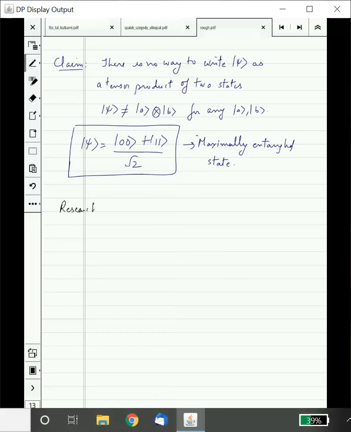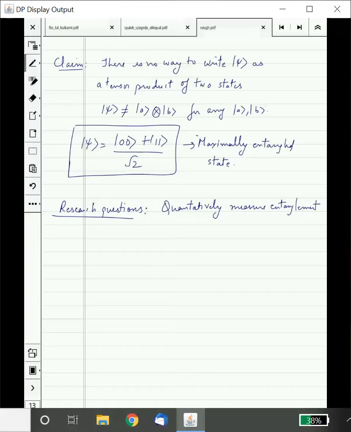People have partial answers to those, some measures are there, but still we don't know how to quantitatively measure entanglement. Though everyone agrees that these states 0, 0 plus 1, 1 by root 2 are very entangled, and they use them to show properties of a lot of physical phenomena. So it seems that in nature we can make these states. There are systems whose states look like this and they behave in an entangled manner.